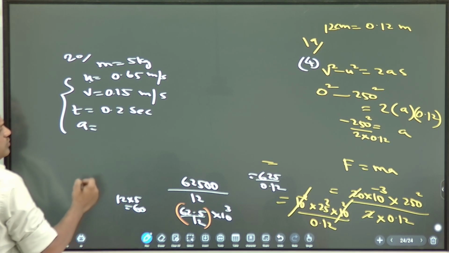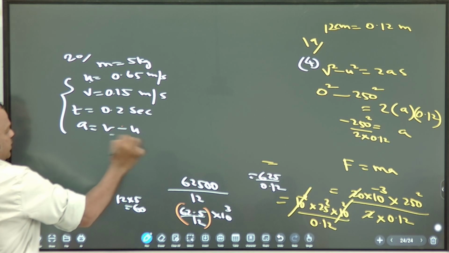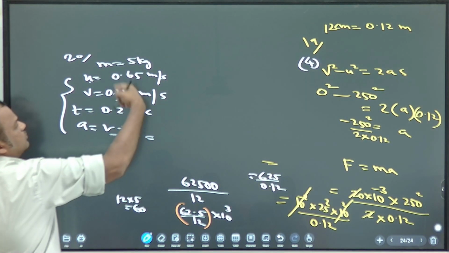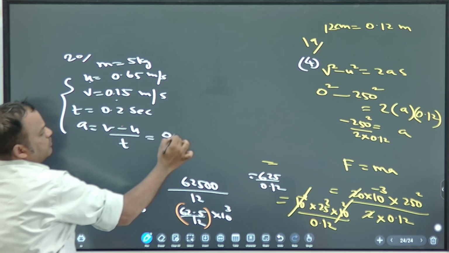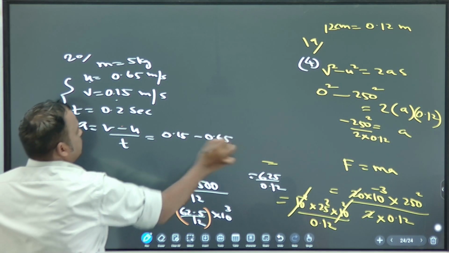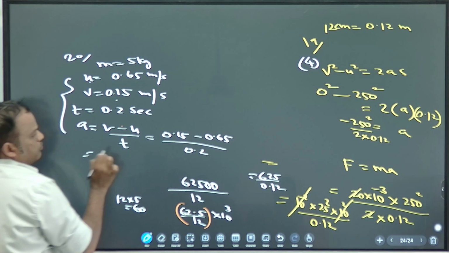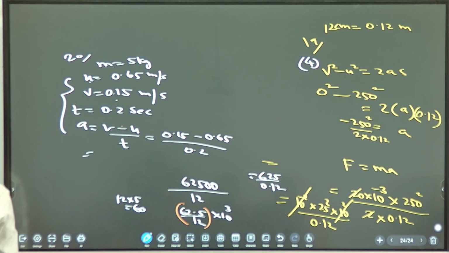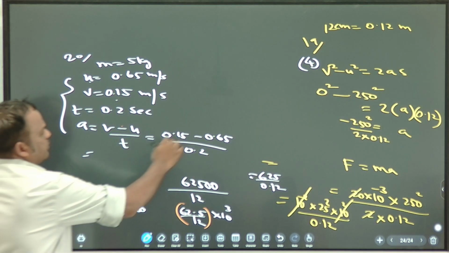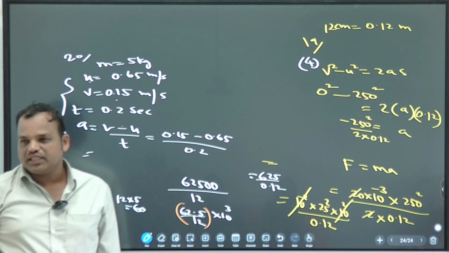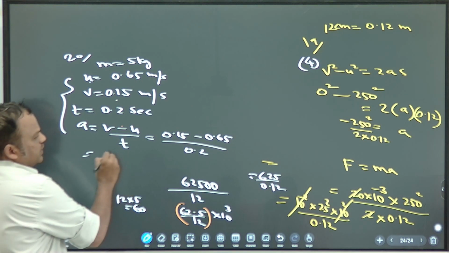So A is equal to V minus U by T. So 0.15 minus 0.65 by 0.2. 0.15 minus 0.65, how much? Minus or plus? Minus. How much?